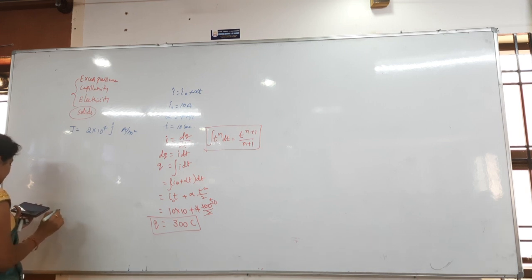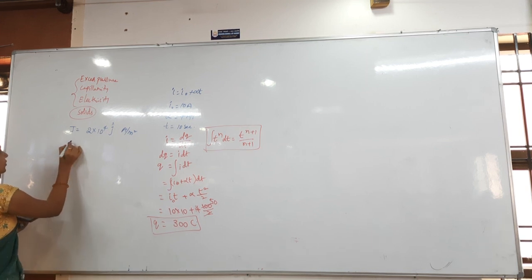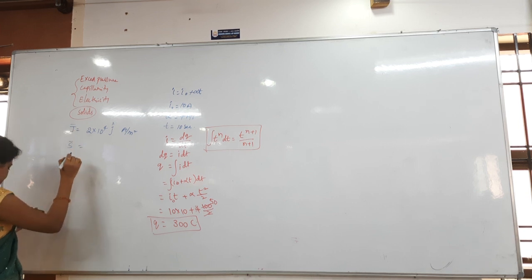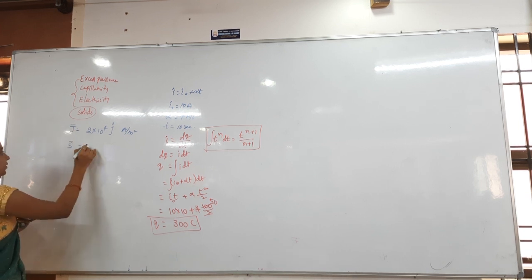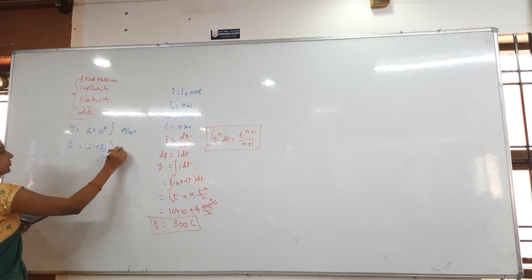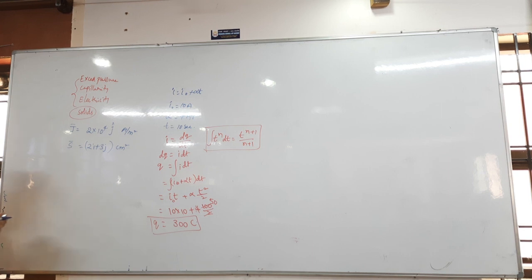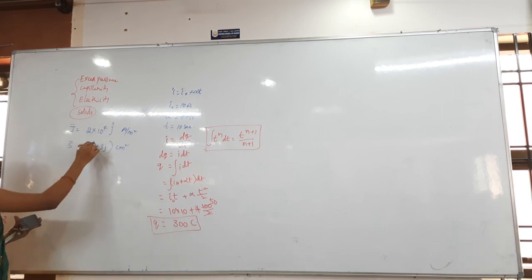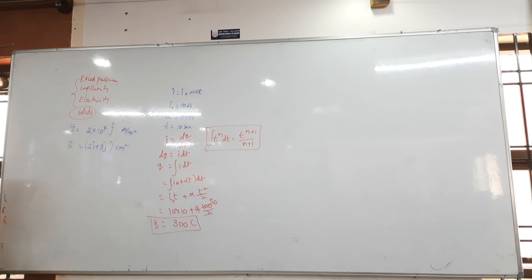Find the rate of charge flow through a cross section S bar is equals to 2I cap plus 3J cap. You have to find out the rate of charge flow.